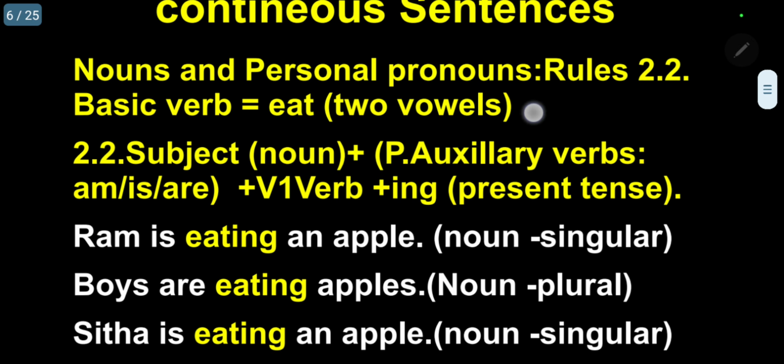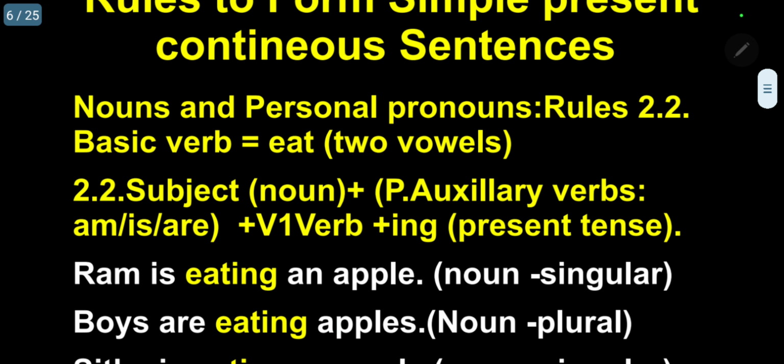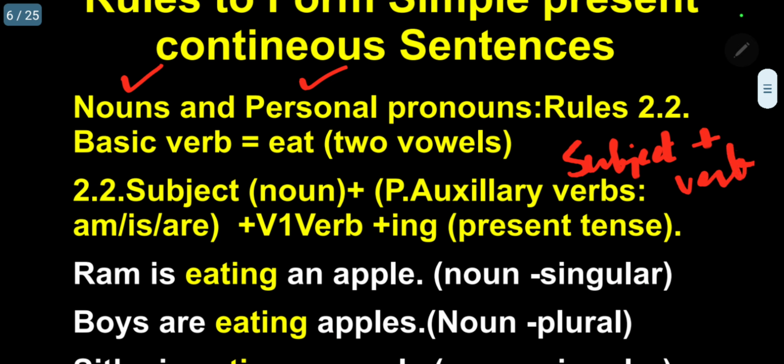To form a simple present continuous sentence, we have to take either a noun or a personal pronoun, that is the subject, plus verb. So normally this will form a simple sentence. Subject plus verb will form a simple sentence.